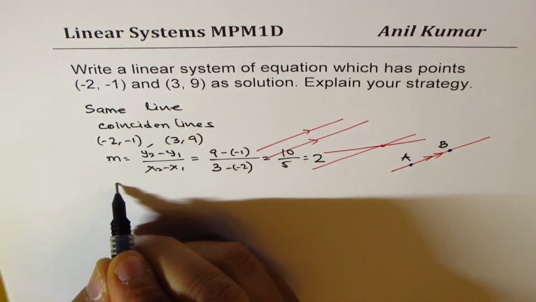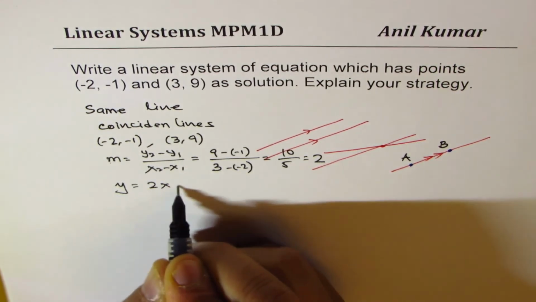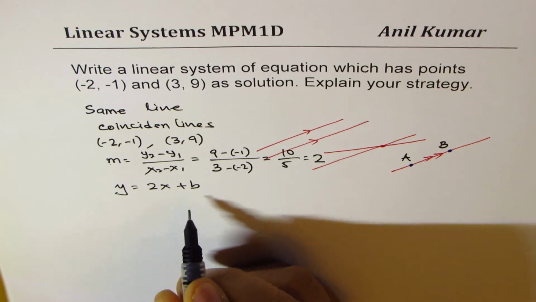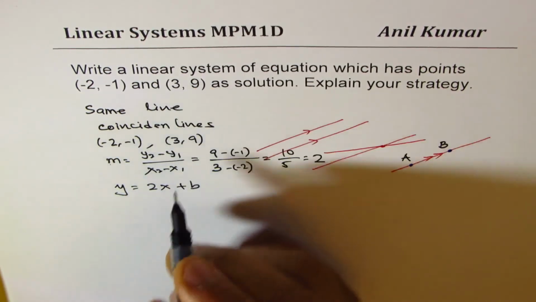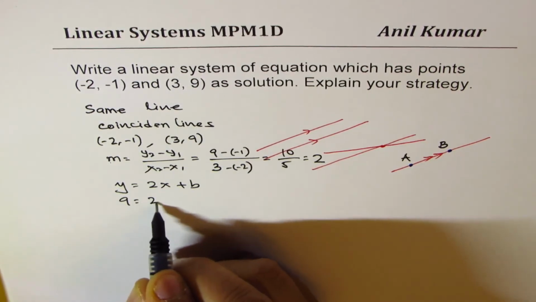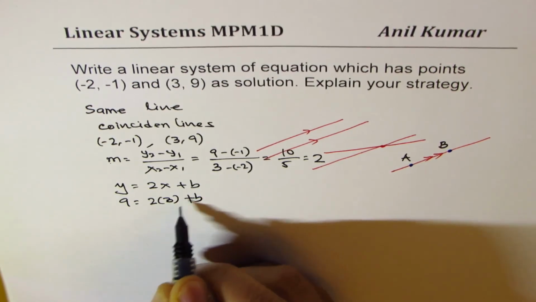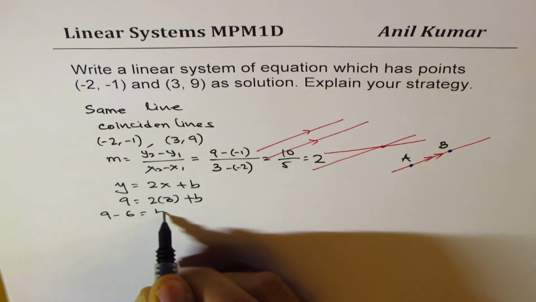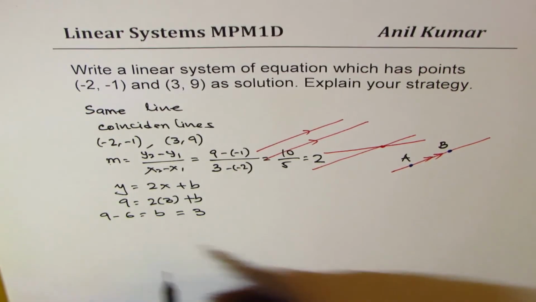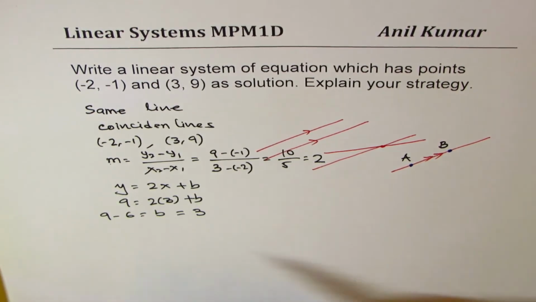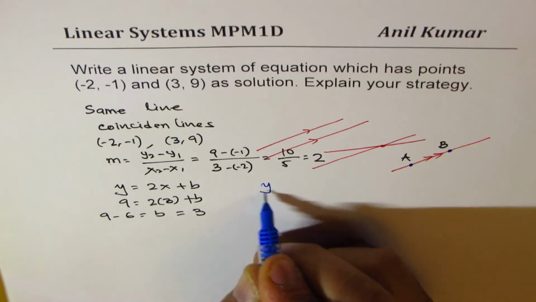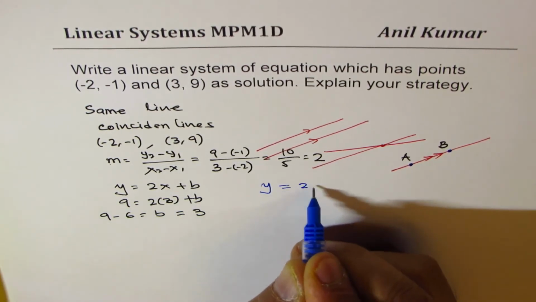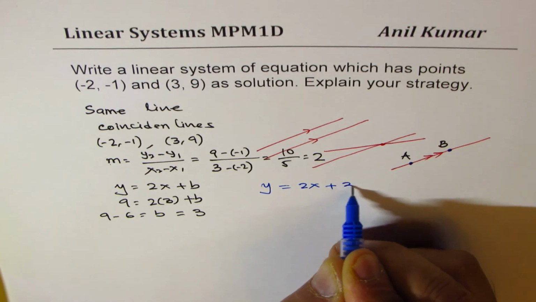So if slope is 2, then y equals 2x plus b should be the equation. Substituting 3 for x and 9 for y, what do you get? You get the value of b. So from here we can write 9 minus 6 equals b, or b is 3. So therefore you can get one equation as y equals 2x plus 3, right?